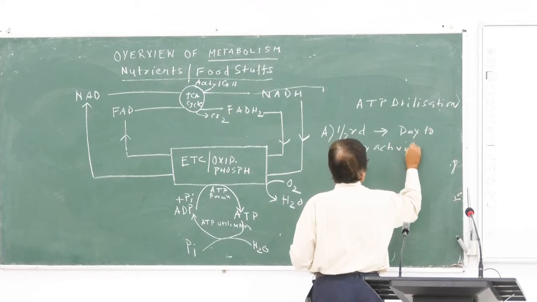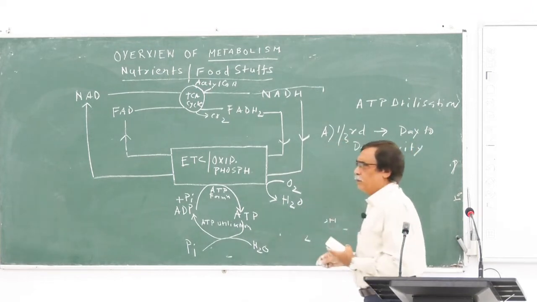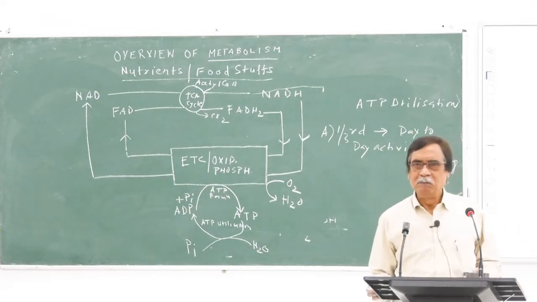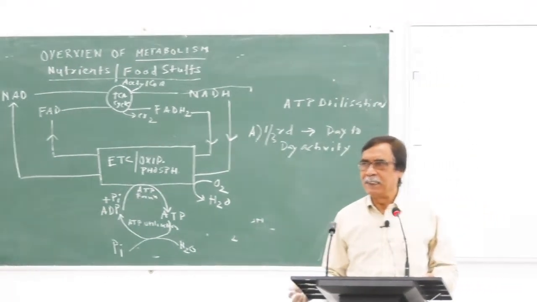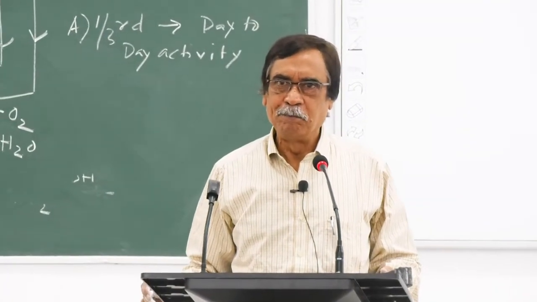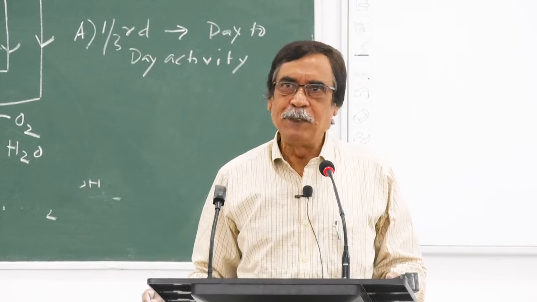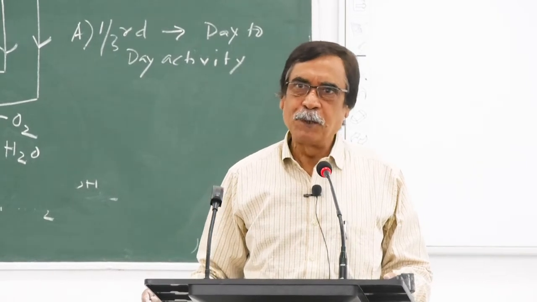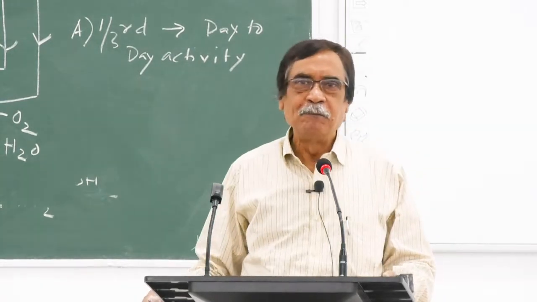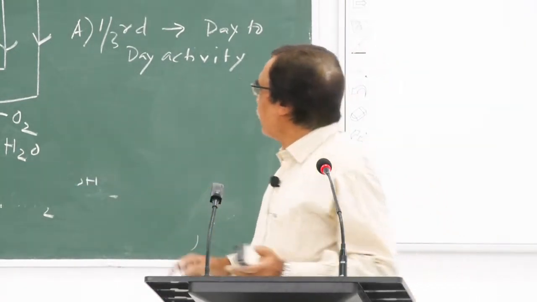Exercise, walking, talking, digestion, respiration, in all forms of the work in life. All forms of work in life require ATP, which is utilized, and which is the first category of the utilization.